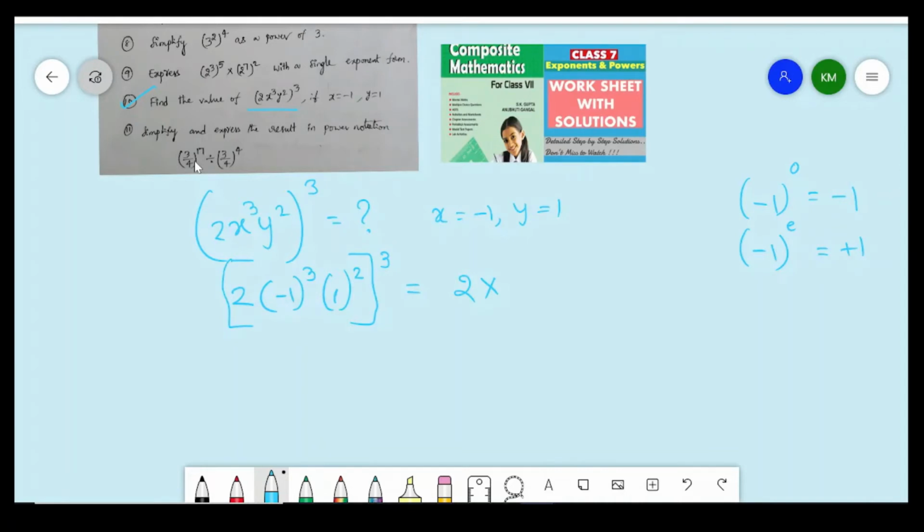So 2 times -1 multiplied by 1 raised to the power 2, which is always 1, and this entire expression is again raised to the power 3. In the brackets the value is -2 raised to the power 3. Again -2 is raised to the power of 3, that is an odd number of times, so the sign of this expression is negative, and 2 raised to the power 3 is 8, so the answer is -8. I hope you understood this problem.